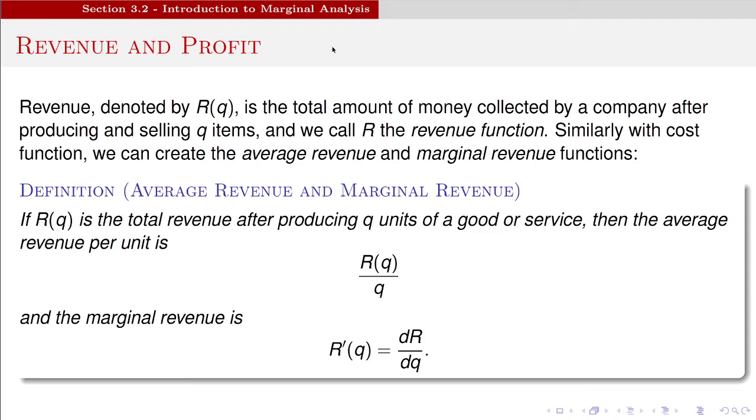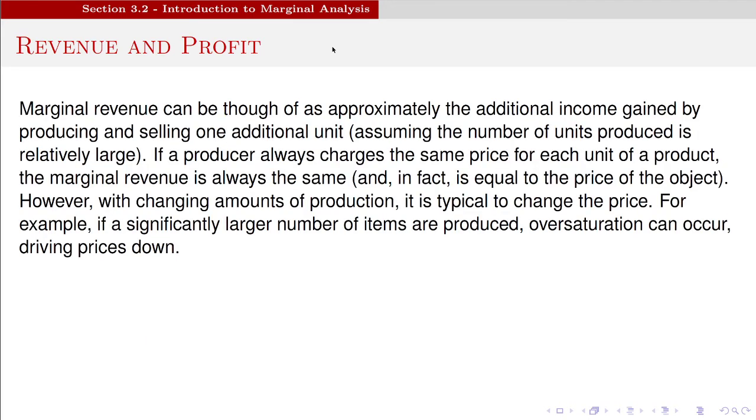So what is marginal revenue? Well, you can think of it as approximately the additional income gained by producing and selling one additional unit. One way you can look at this is if you hold your sale price on an item constant, like you never change your sale price no matter what, then the marginal revenue is just how much you sell that item for.